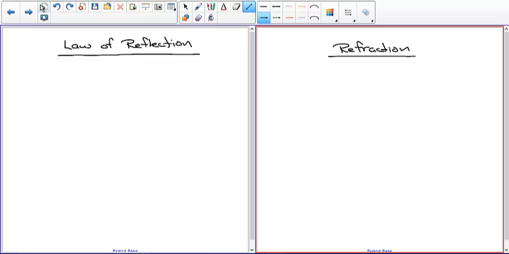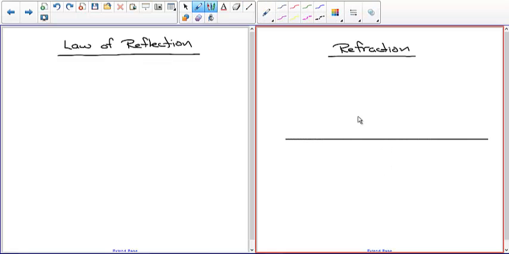And instead of bouncing off, the light ray is transmitted, but it doesn't go straight through. So here's the interface between the two materials. Let's say this is air and this is glass.